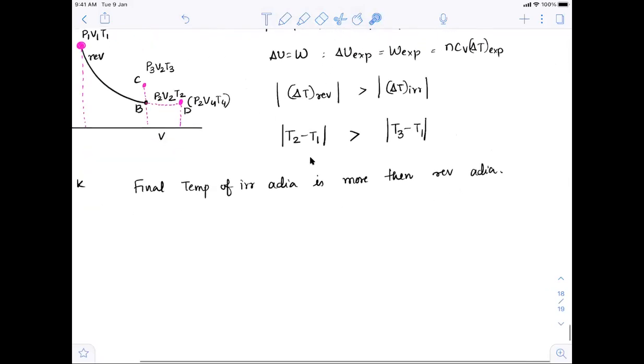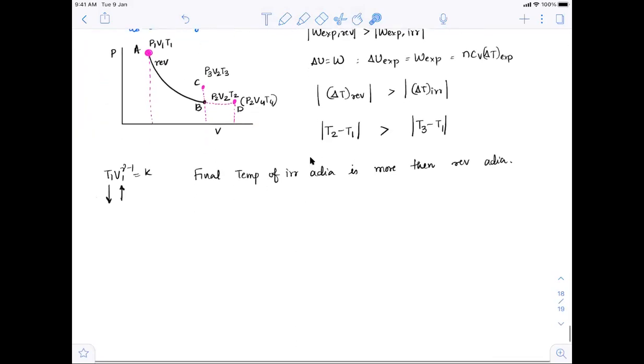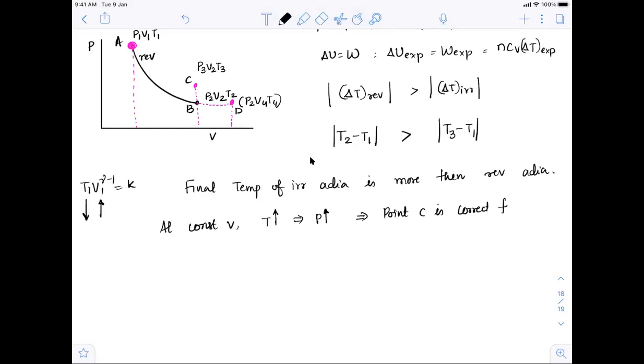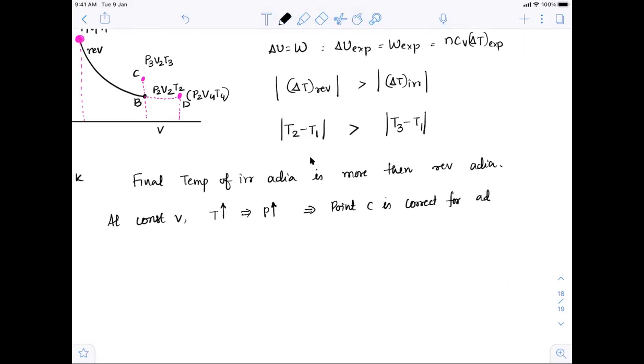Now tell me, at a constant volume, if the temperature is more, the pressure has to be more, na? So the point which I have written is correct or no? So at constant volume, if temperature is more, which implies pressure also must be more, which implies point C is correct for adiabatic reversible change.